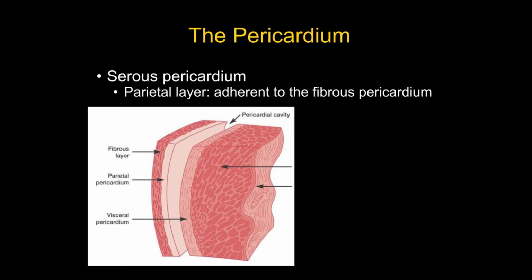Both the visceral pericardium and the parietal pericardium are considered serous pericardium, meaning they produce fluid, as compared to the outermost fibrous pericardium, which is just a tough connective tissue protective covering around the heart.